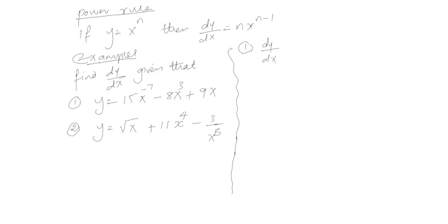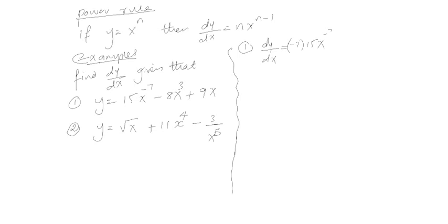Okay, so now the first one, number 1, the change in y over change in x gives me, we all know how to deal with the power rule. The power multiplies the coefficient. So what we have here is 15 multiplied by negative 7, and then the power reduces by 1.